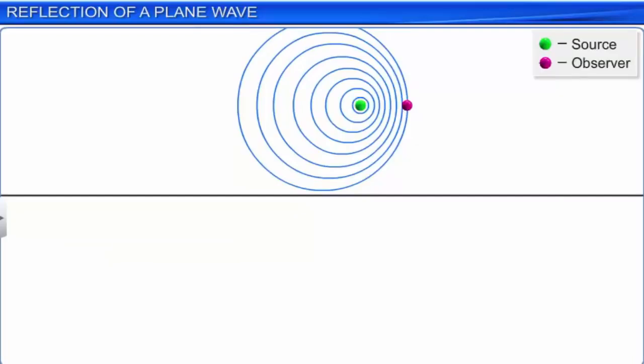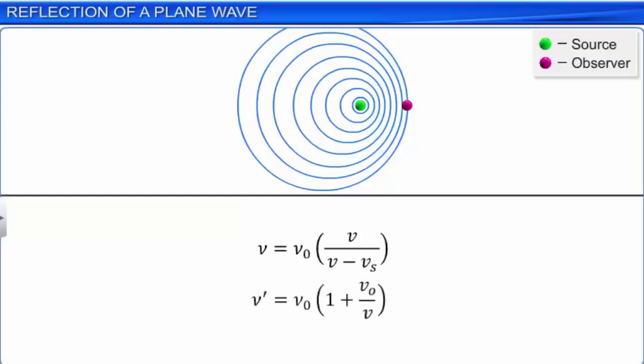Then, as for the Doppler effect for sound waves, we have 𝛎 is equal to 𝛎0 into 1 minus Vs by V, and 𝛎' is equal to 𝛎0 into 1 plus Vo by V. Let them be equations 1 and 2.